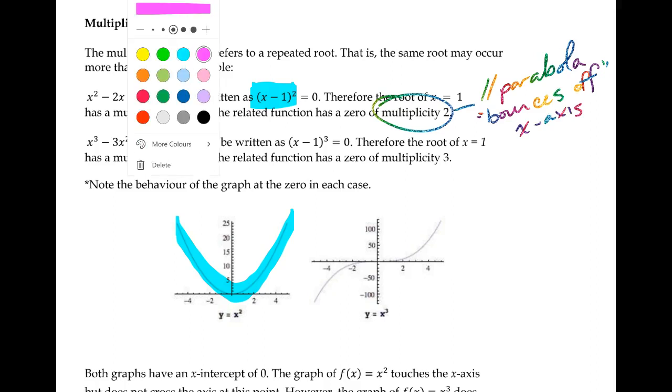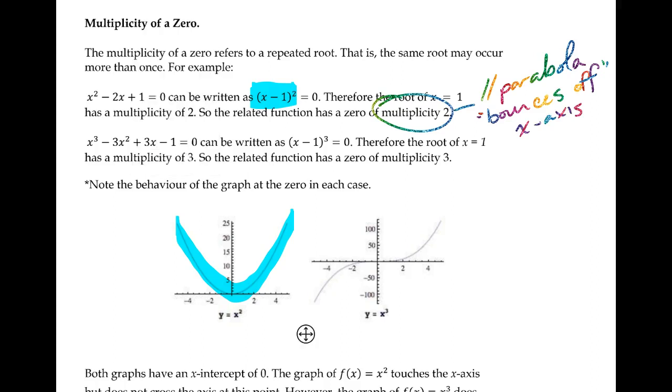When we're dealing with a cubic, like we have here, we would say that the multiplicity is 3, because that's the exponent. So multiplicity is just the exponent, or how many times that 0 shows up. And we would expect to see a cubic shape where it kind of curves through that x-axis instead of just passing straight through in more of a straight line. So kind of this cubic behavior.